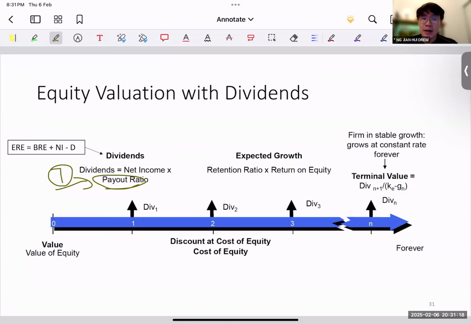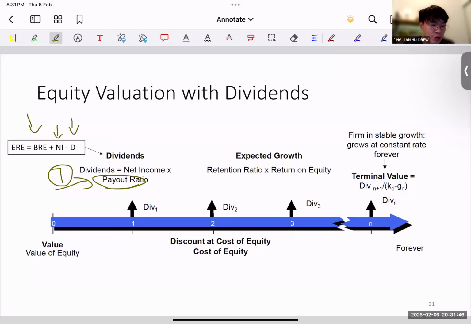Now, sometimes if you don't know the payout ratio, we can look at the financial statements and this equation. This is going back to accounting 101. What is ERE? ERE is ending retained earnings. The ending retained earnings equals the beginning retained earnings plus net income, NI, minus the dividends.